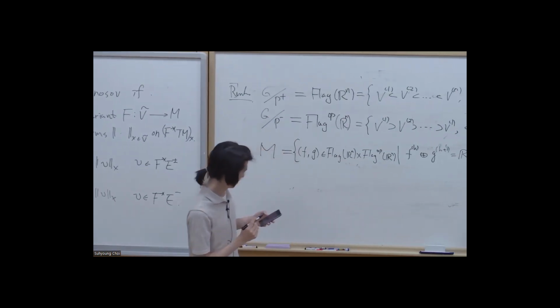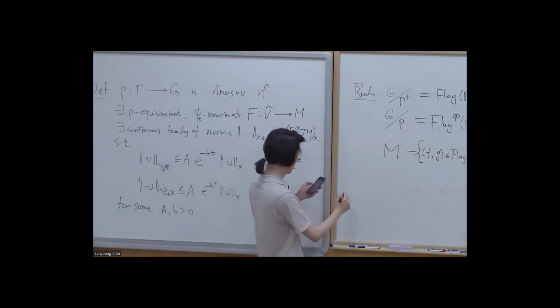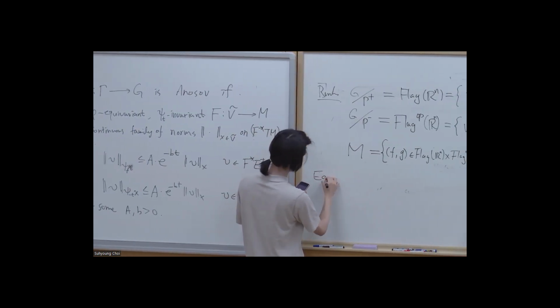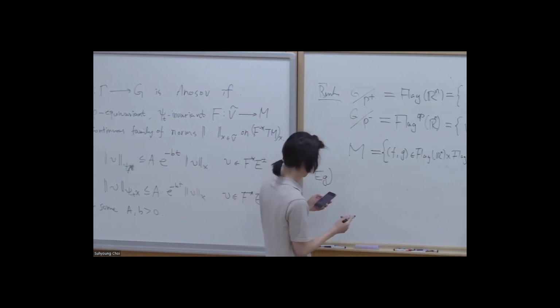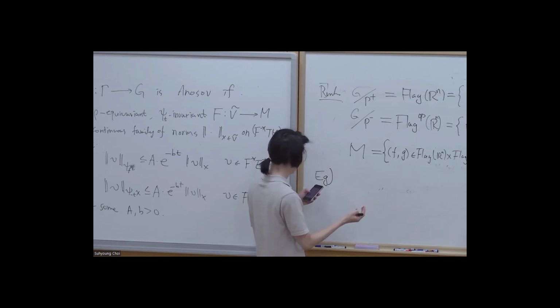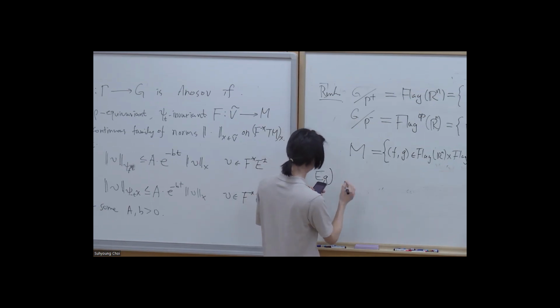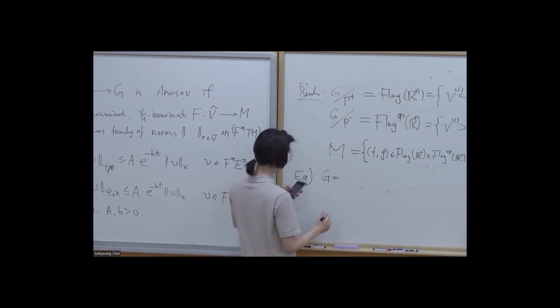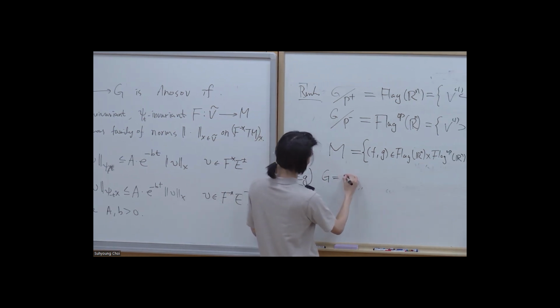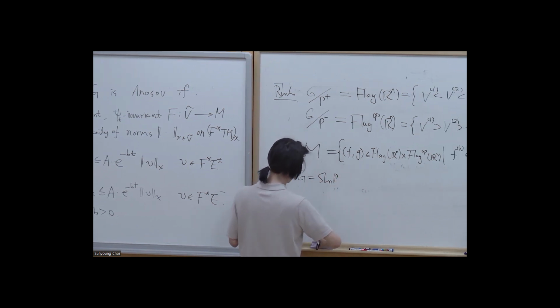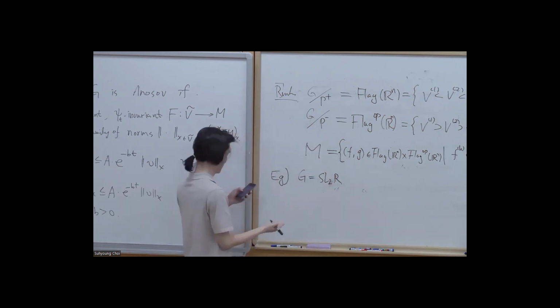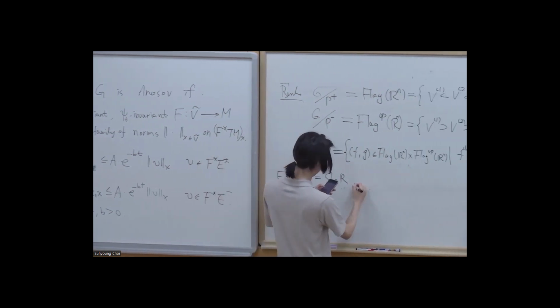And then I'll give you a very trivial example, but I think this example is complicated enough to give you more sense of what's going on behind the definition. Let's say SL_nR, SL_2R. So kind of an obvious example.